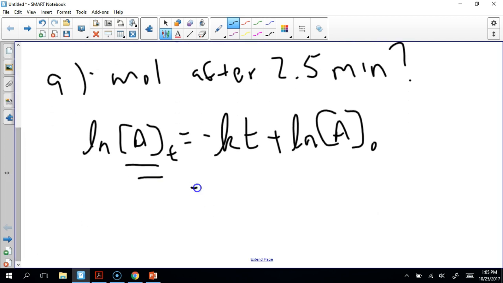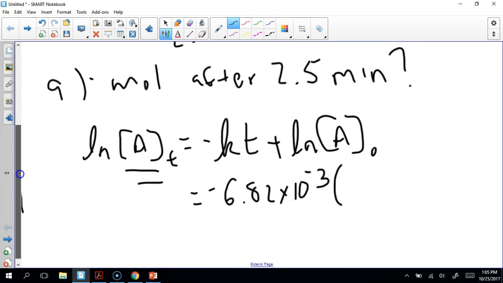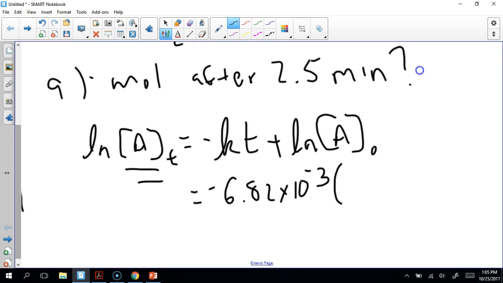So that is going to equal negative k, which is 6.82 times 10 to the minus 3, times t. The t is in minutes, but our rate constant is in seconds. That's a thing, so just keep in mind that 2.5 minutes equals 150 seconds. You have to make sure your units agree.